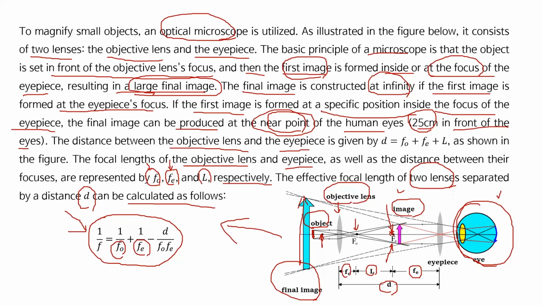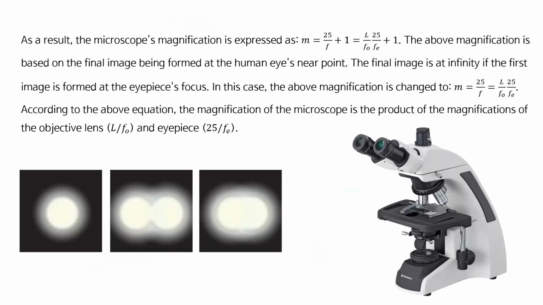And these two are separated by distance d, so we can get the effective focal length of this two-lens system in this equation. As a result, the microscope's magnification is expressed as this relationship.